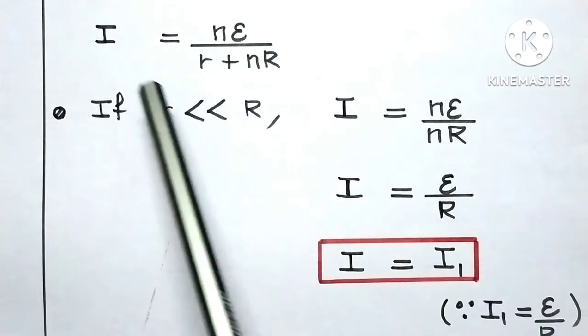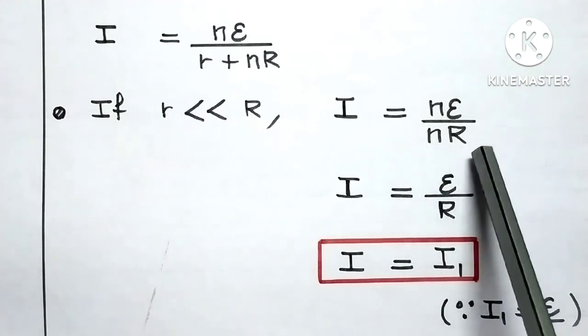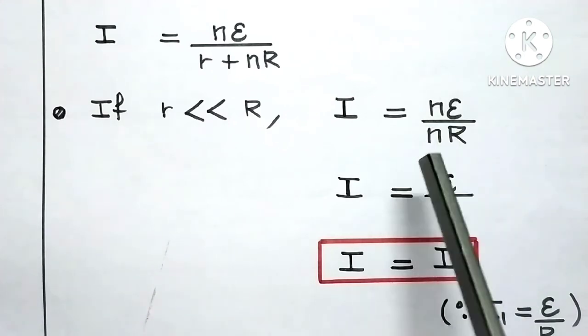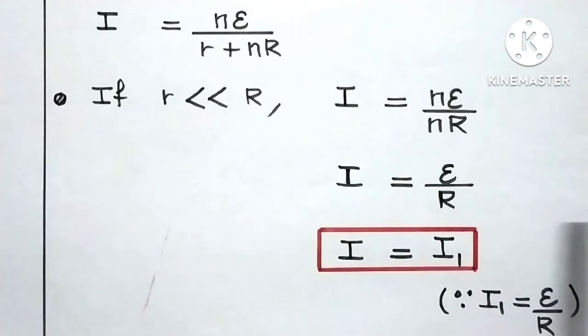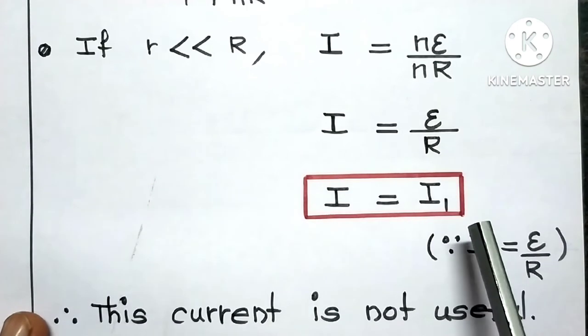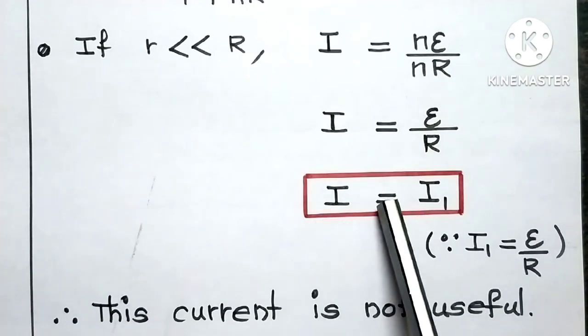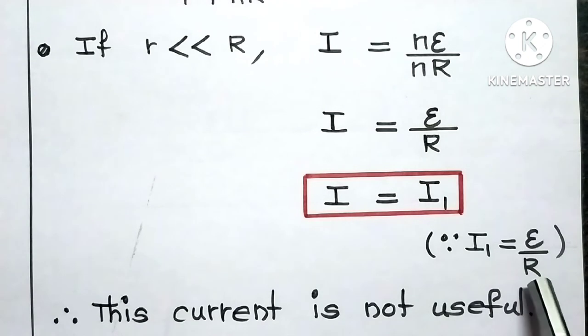So we get I is equal to n epsilon by nR. n and n get cancelled, so I is equal to epsilon by R. In the next step, we all know that epsilon by R is nothing but I1. So I is equal to I1.